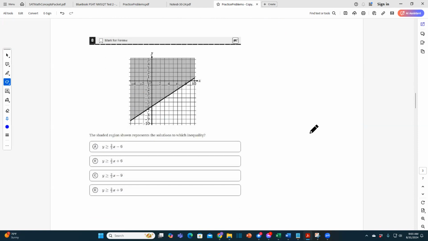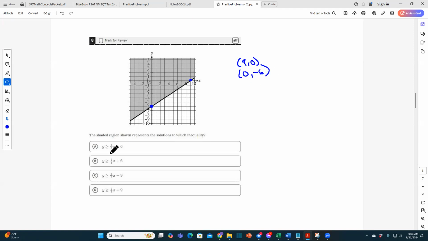All right, this next one deals with inequality. So you could use Desmos to graph all those. That's fine. Again, if you can do it fast, do it by hand. We care about the intercepts at (9, 0) and (0, negative 6). Okay.